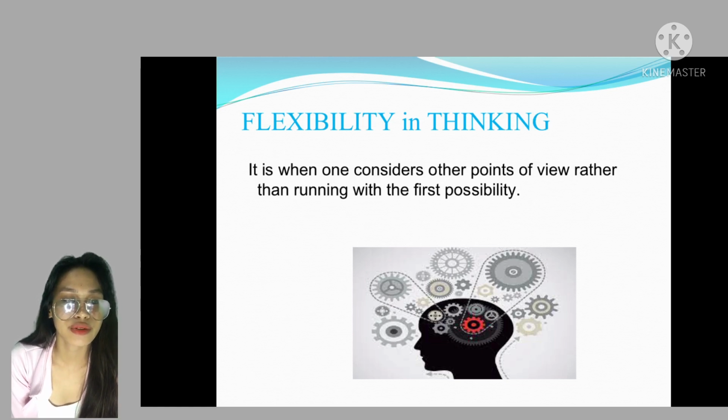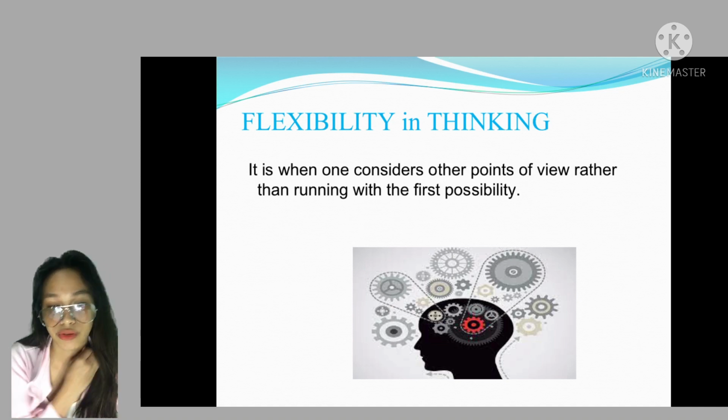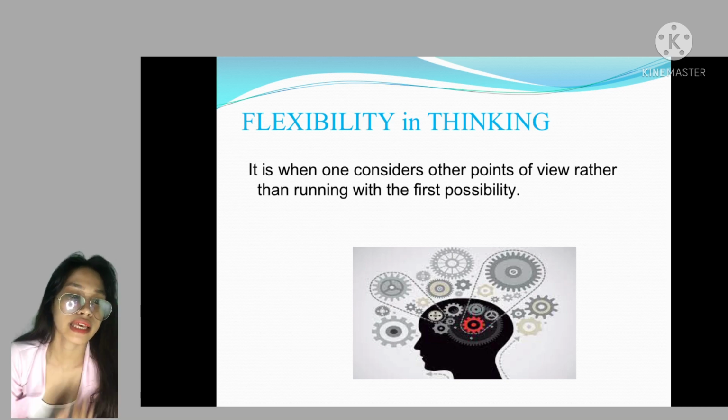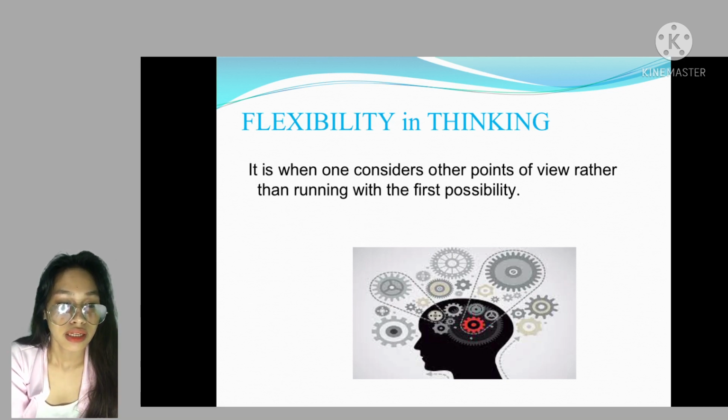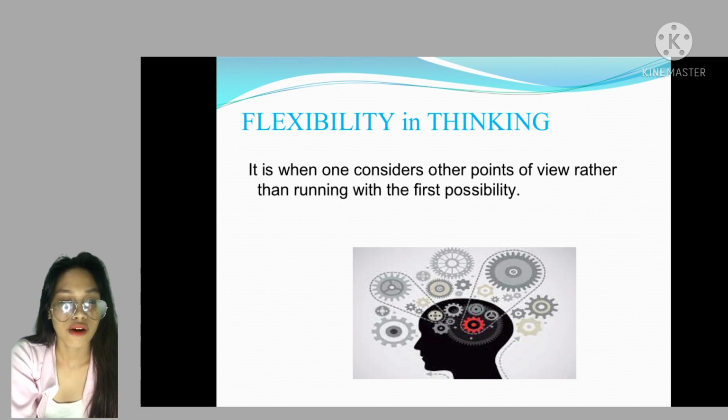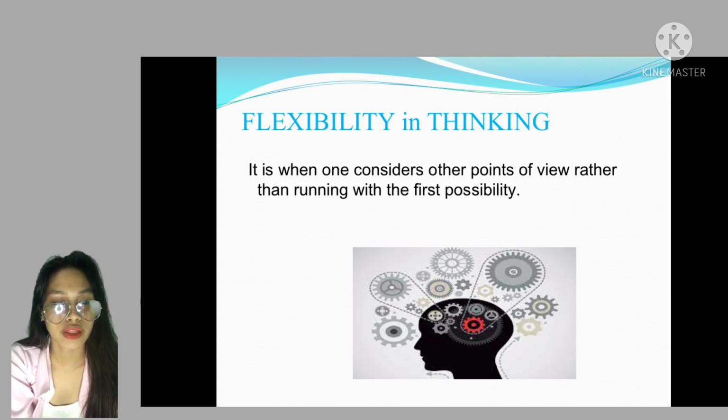Flexible thinking is also referred to as mental flexibility or cognitive flexibility. Flexible thinking is when kids are able to think about something in a new way, set shifting, so they can let go of the old way of doing something in order to use a new way.